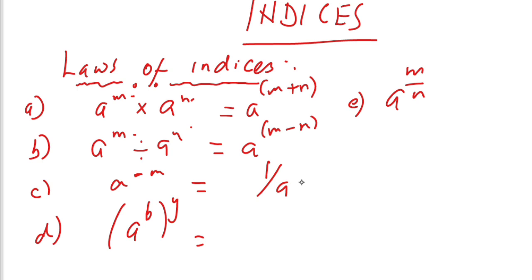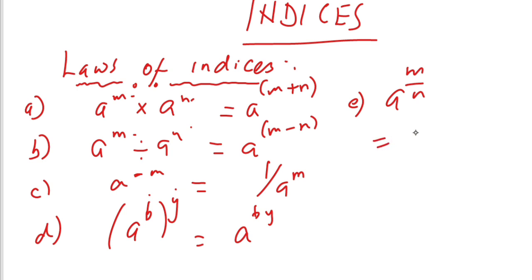Na once ushafanya ile reciprocal yake, ile power negative inakuwa positive. Sawa, and then if you have two powers outside, you multiply those two powers, so utafanya b times y, which is at the end of the day by. Tamam, so ama b times y, just the same.